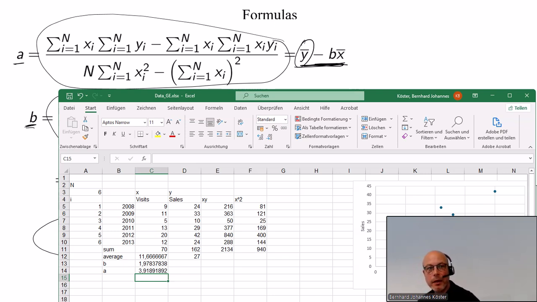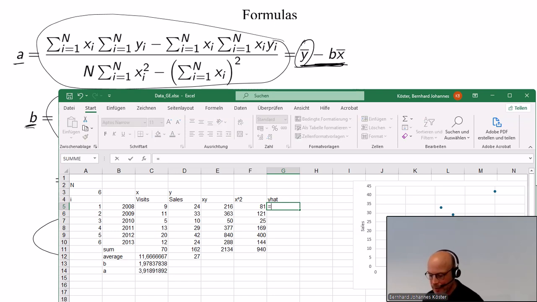In order to show our regression line, we are now calculating the hypothetical values. What would be, due to these parameters A and B, the hypothetical volume of sales if we make 9 visits? This I call y hat.